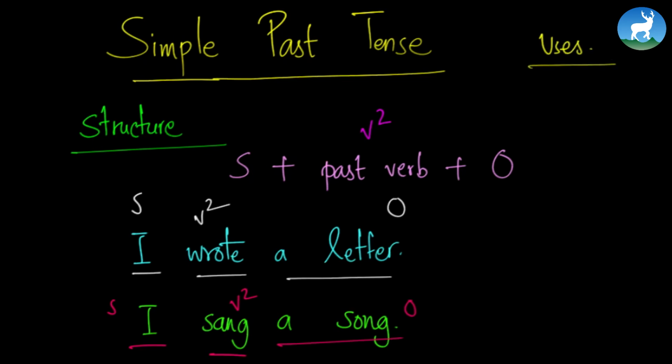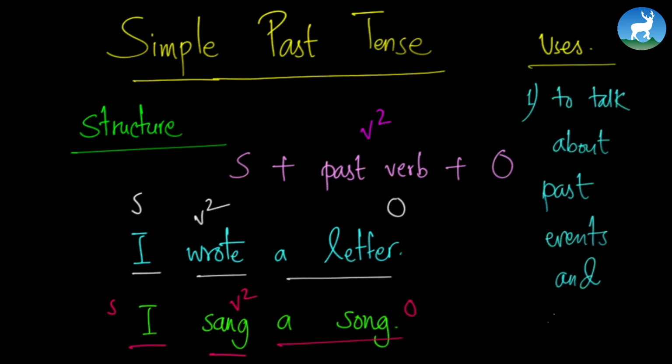And it's pretty easy and pretty simple. The uses of simple past tense is to talk about past events and activities. Alright, now it's time for me to give you some homework, and your homework is going to be pretty simple. All you have to do is change these sentences from simple present to simple past.